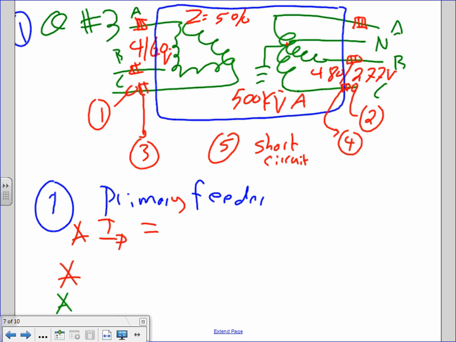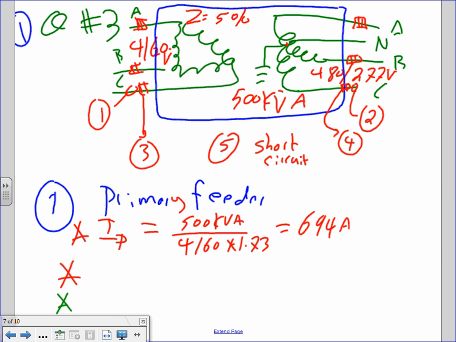You need to take I primary: the 500 kVA divided by what's the voltage on the primary? 4160. Still 3-phase, 1.73. If you do the math on this one, you get 694 amp.